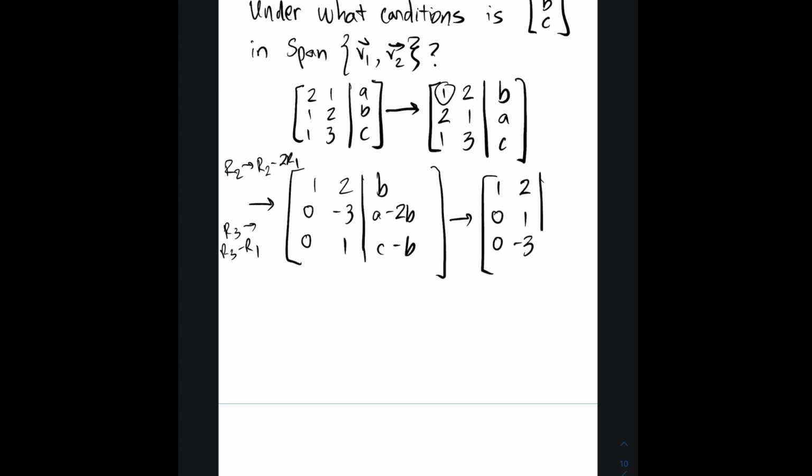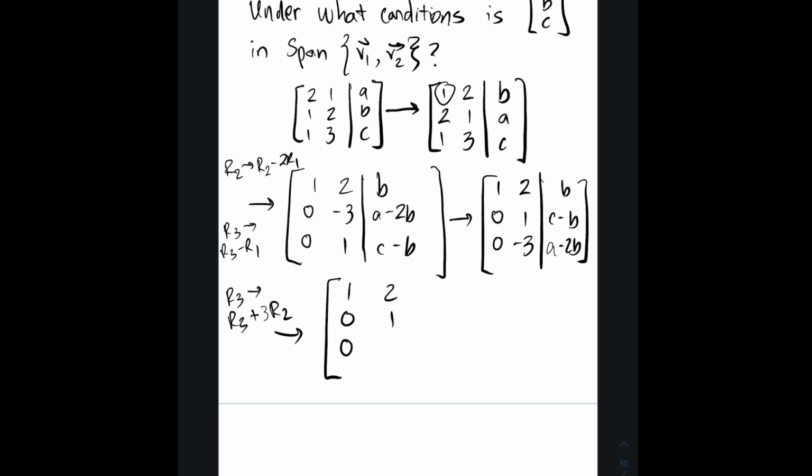So this, and then one more step, we can do row 3 turns into what? Row 3 plus 3 row 2. So you get this, and then 3C minus 3B, and then you add it, so you're going to get A minus 5B minus 3C.